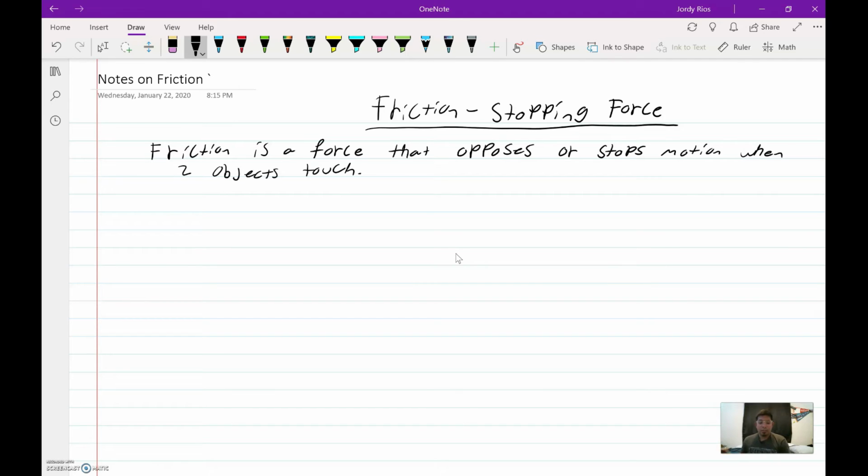Okay, so imagine you have a soccer ball. You have a soccer ball and here is the cement, and then here is the grass.